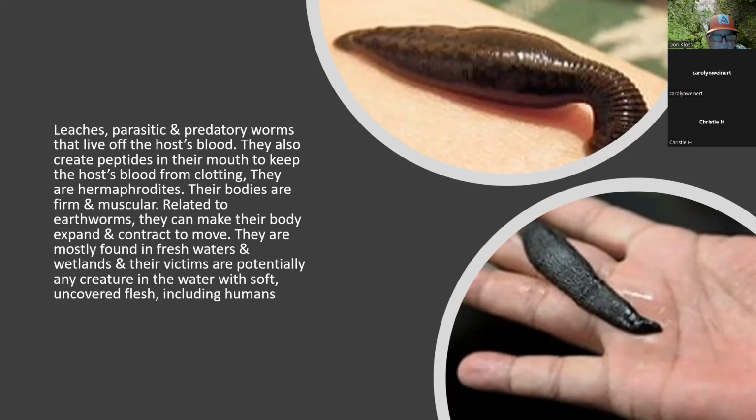Their bodies are actually firm and muscular. And because they are related to earthworms, they can make their body expand and contract to move. So if the water dries up in a section of a wetland, for example, where they have been living, they can move like an earthworm along the mud to somewhere else where there's water.